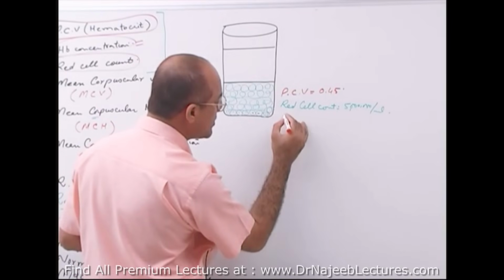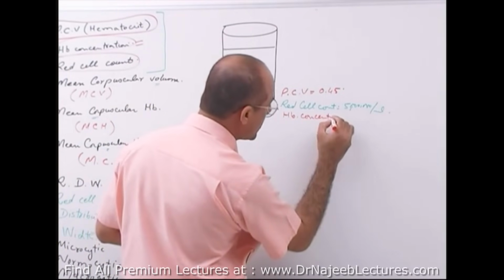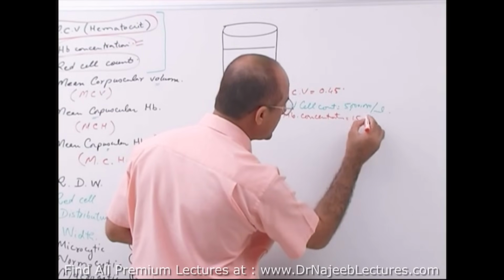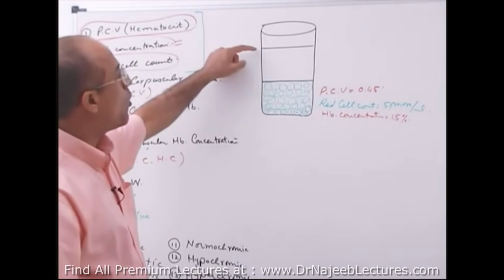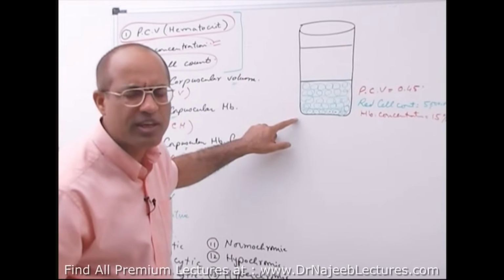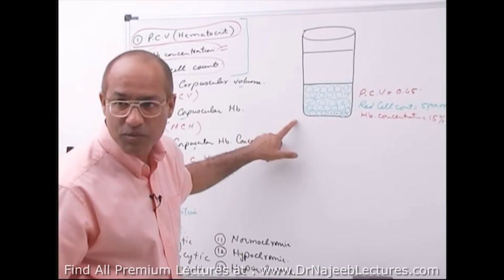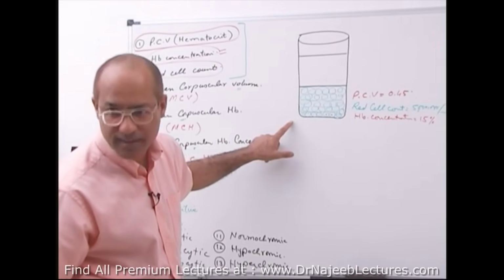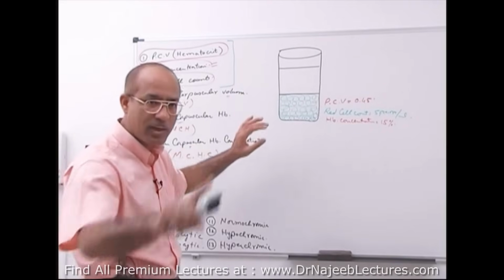15%. So that was what? Hemoglobin concentration. That is in this case 15%. Is that right? If it is 1 liter blood, then it will be 150 grams. If it is 100 ml blood, then hemoglobin will be 15 grams. Is that right? Depending upon what is the total amount. Are you clear?